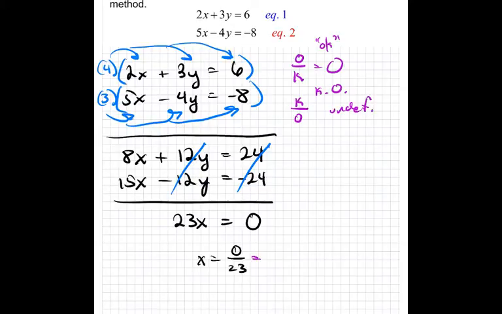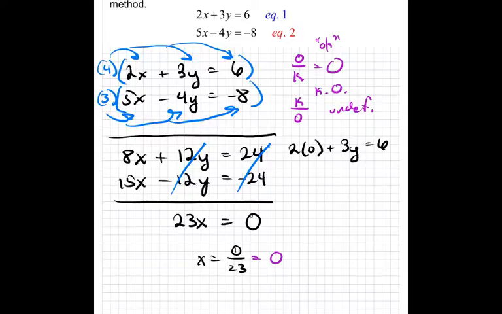All right. So if x equals 0, then we can go back and solve for y. I'll just choose equation 2 since I think I chose equation 1 last time. I don't know what I chose last time. I'm going to choose equation 1. I'm just trying to be random. So then 2 times 0 plus 3 times y should equal 6.